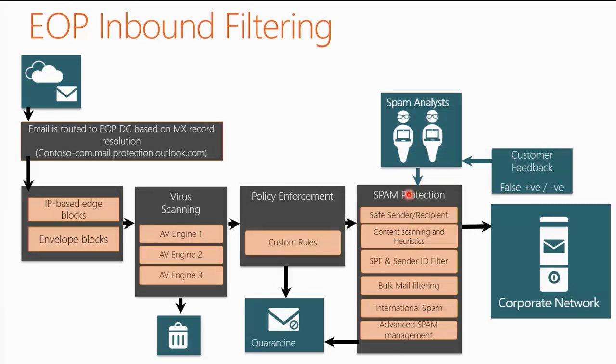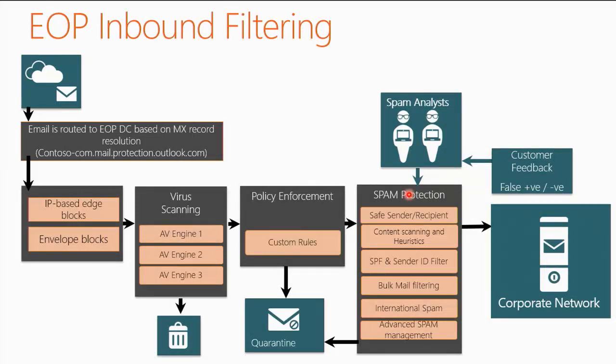We have a team of spam analysts monitoring what's happening in the world, creating appropriate rules to stop the evolving spam campaigns, and then applying them to our spam engine. There is an SPF check, there is bulk mail filtering, there is filtering based on URLs of known phishing sites. So there are plenty of heuristics and rules applied at this level. And there is also international spam. I'm going to mention it slightly later in the presentation.